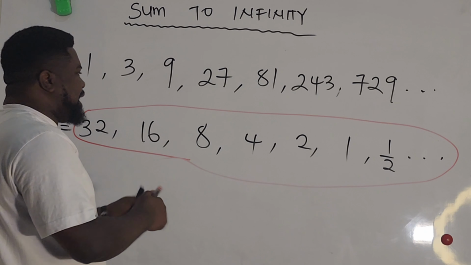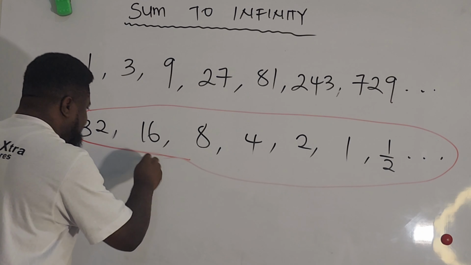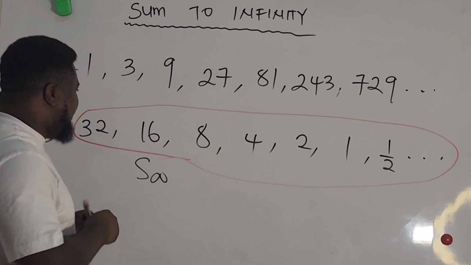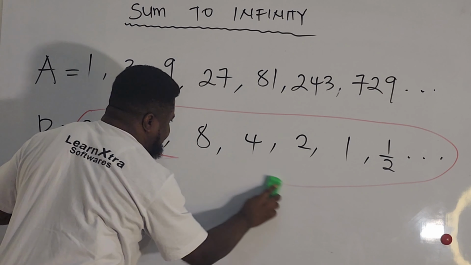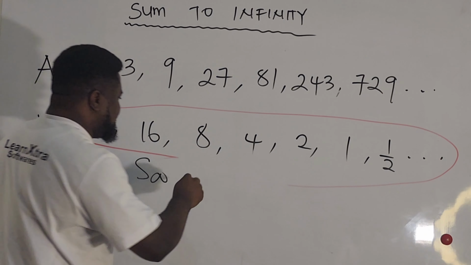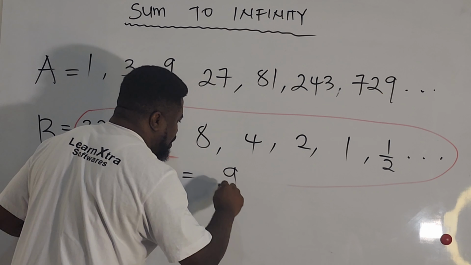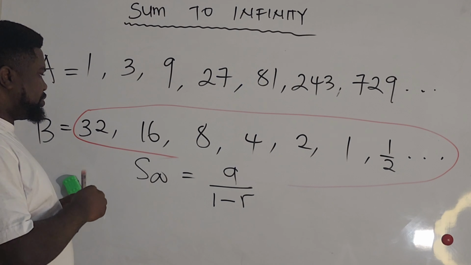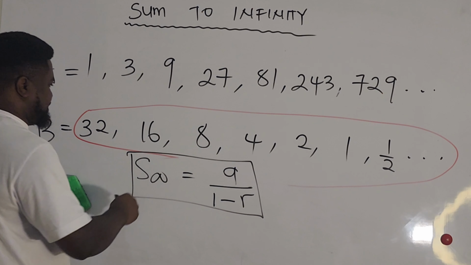Adding everything together is what we call sum to infinity. And the sum to infinity is very simple to evaluate. The sum to infinity is equal to the first term A all over 1 minus the common ratio. That is the formula for solving sum to infinity.